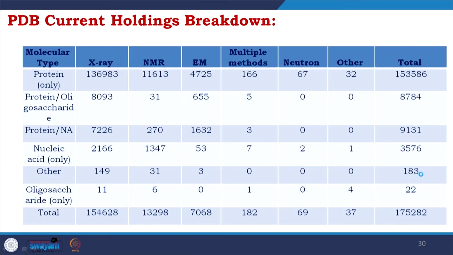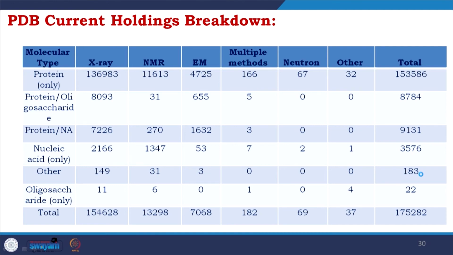This is the current holdings breakdown at the Protein Data Bank. If you look at that, X-ray 1,36,983 protein only, NMR 11,613 only protein, electron microscopy 4,725.